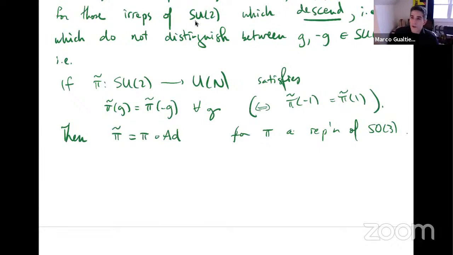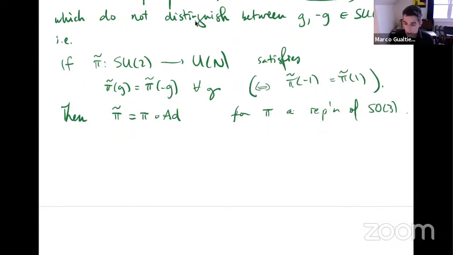Okay, so let's do that. I'm going to implement this, I'm going to make this check. Because we have a full classification, I'm going to look at each representation and figure out whether it descends to SO3 or not. Okay, so let's proceed with this. Let n be the highest weight.